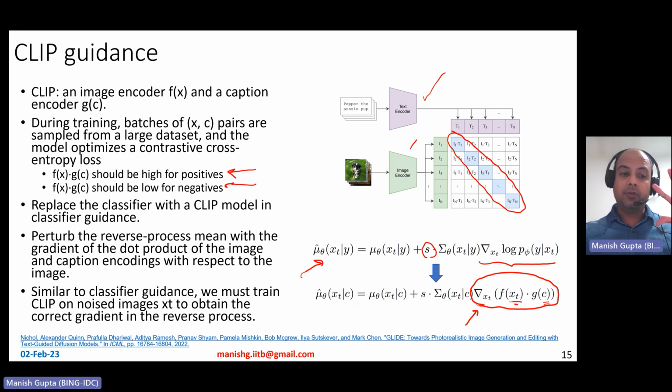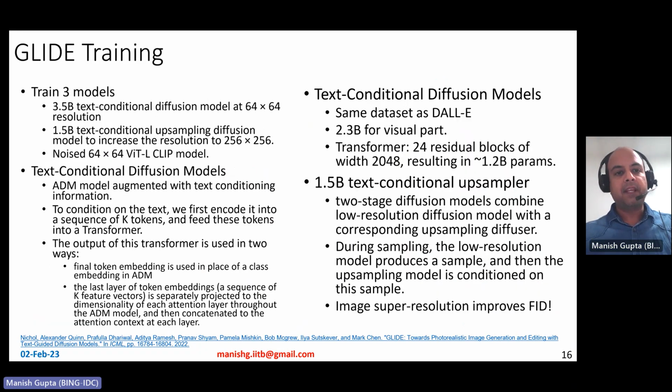And remember, in GLIDE, you want to generate images in a text conditional manner. So you have the text and you want to generate the images. Okay. So for GLIDE training, how do you train the GLIDE model? GLIDE actually has three models inside. One is a 3.5 billion parameter text conditional diffusion model, which works at a 64 by 64 resolution.